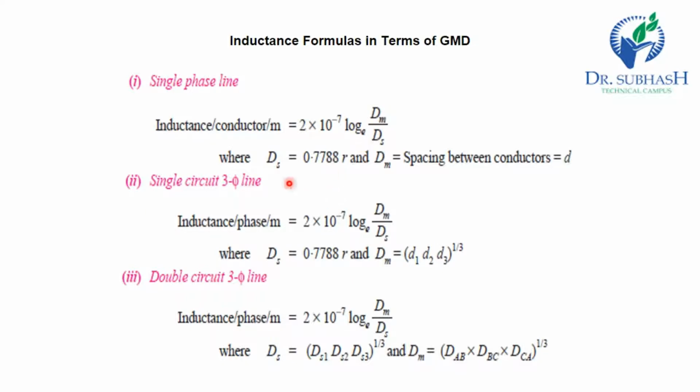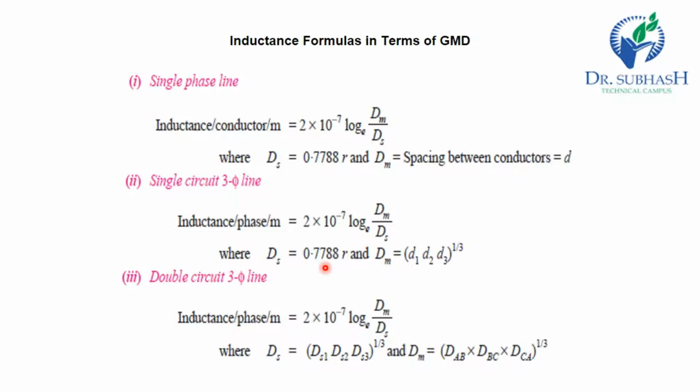The value of self GMD is 0.778 r and the value of mutual GMD is D. For a single circuit three phase line, the value of self GMD is 0.778 r and the value of mutual GMD is (D1 D2 D3) whole raised to 1 by 3.